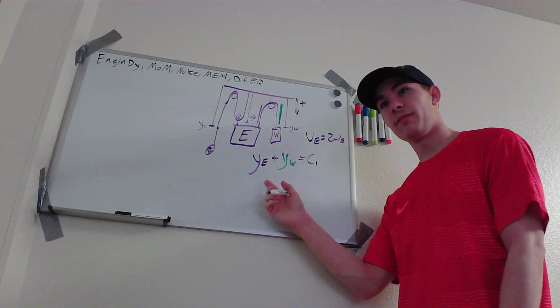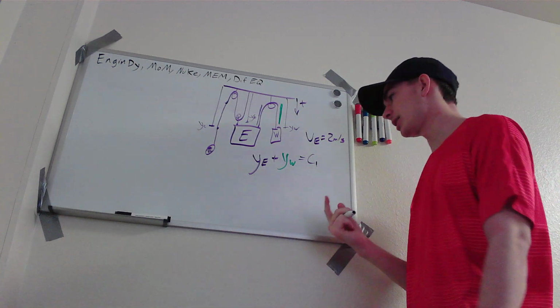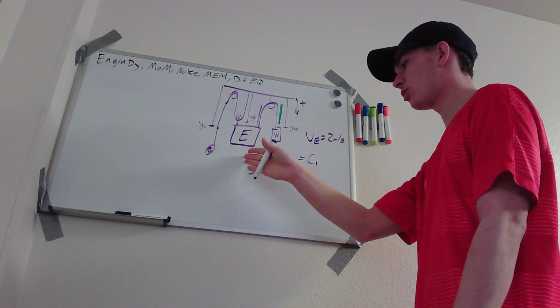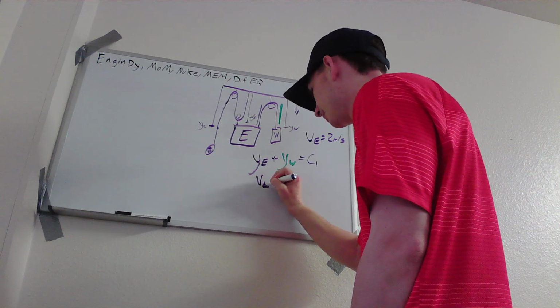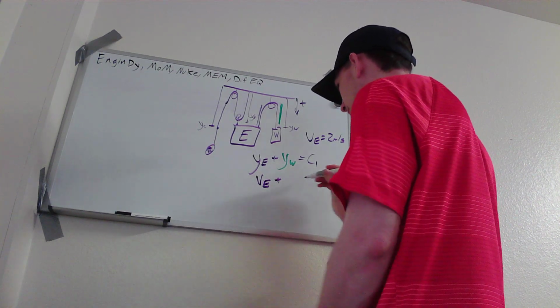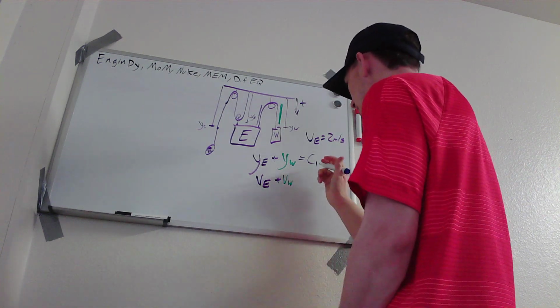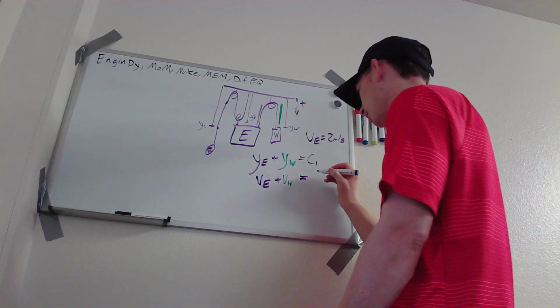So the derivative of placement is velocity. So we're just going to take the derivative of this entire thing. You can take the derivative of this and the derivative of this, and you'll get VE plus VW is equal to constant, derivative is 0.